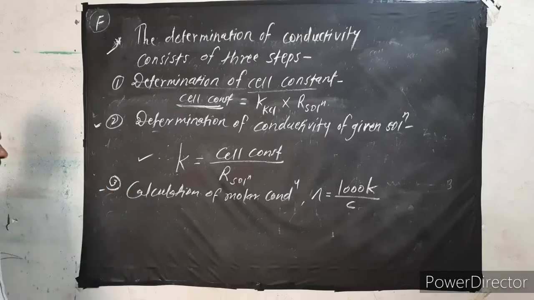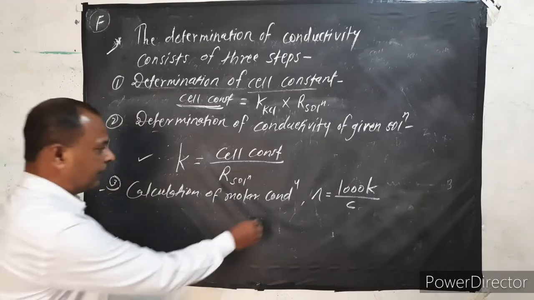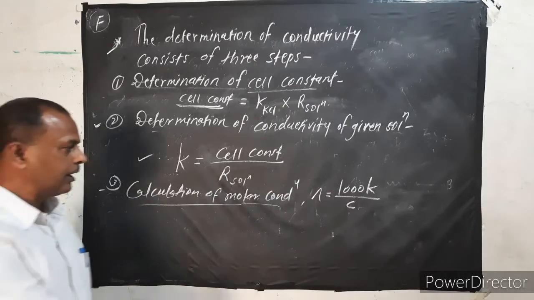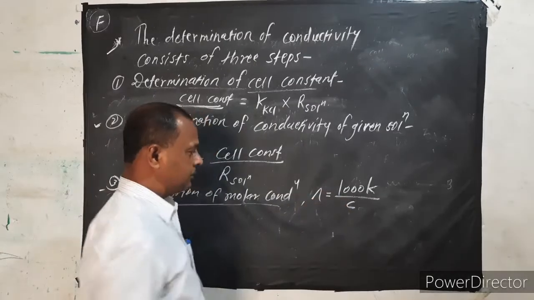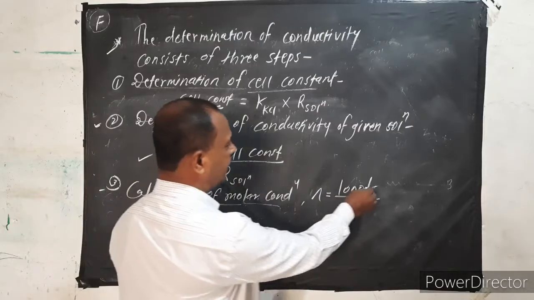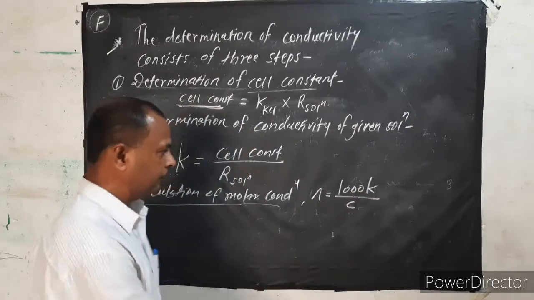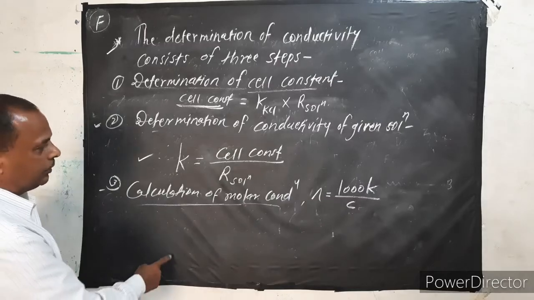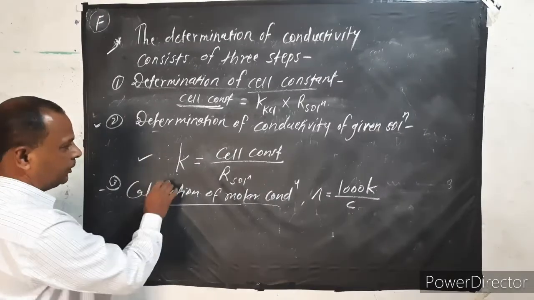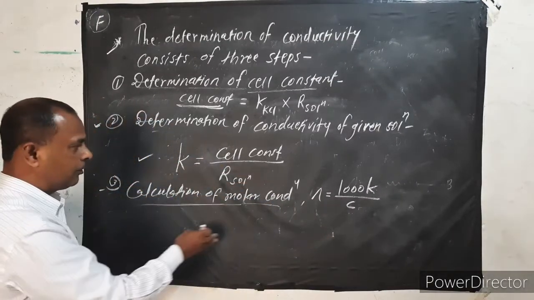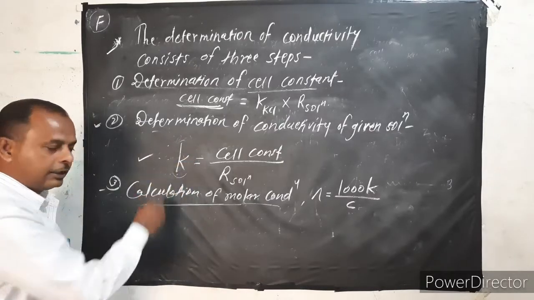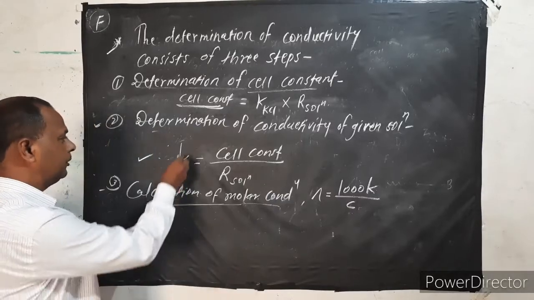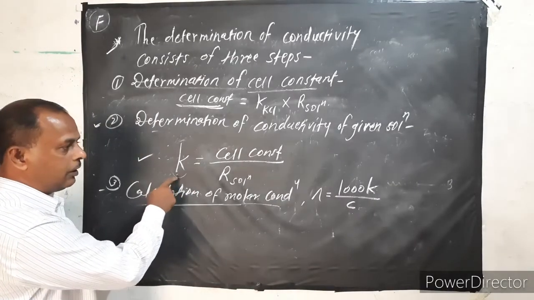Now, the third point is the calculation of molar conductivity. How do you calculate the molar conductivity? We know that the formula is lambda is equal to 1000 into kappa upon C. One point is very important here: in all these formulas containing conductivity, you don't write the capital letter K, but you have to write the small letter k.